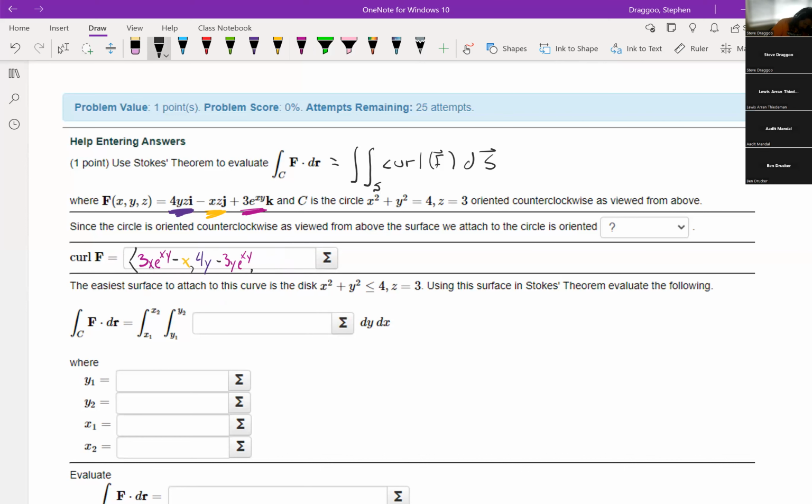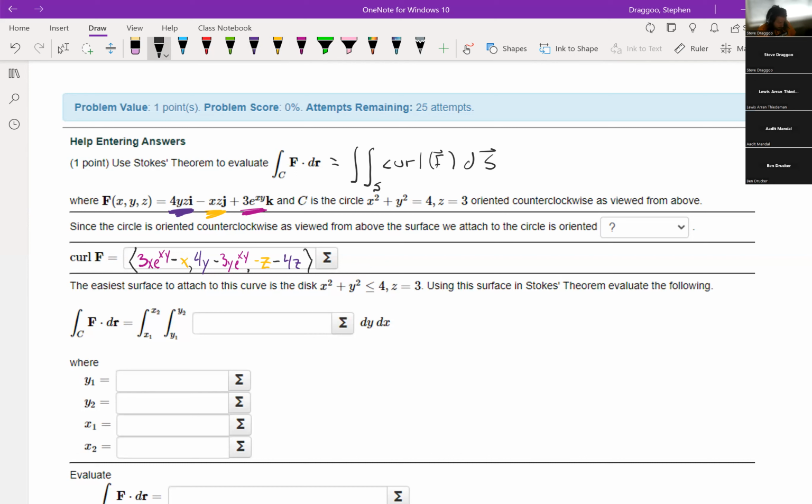I'm running out of space, I'm gonna scrunch that stuff up. Our final bit, yellow partial x, is negative z, minus purple partial y is 4z. Cool, that's our curl. We'll come back to it when we need it, because we are going to need it.